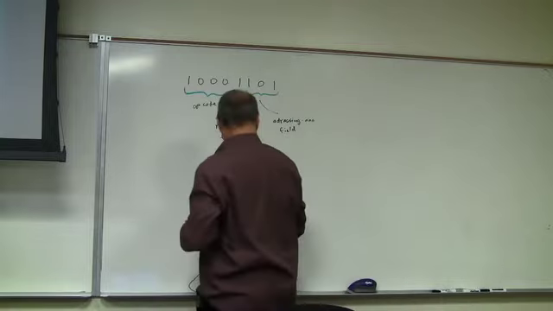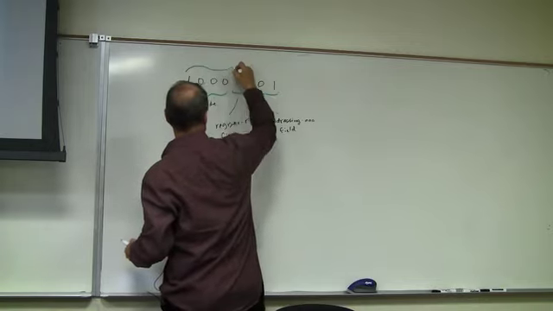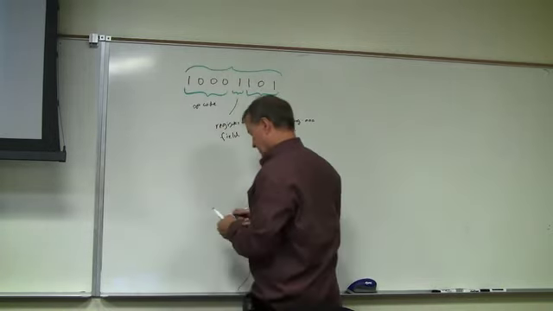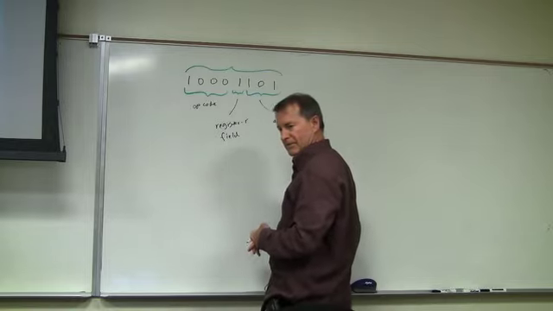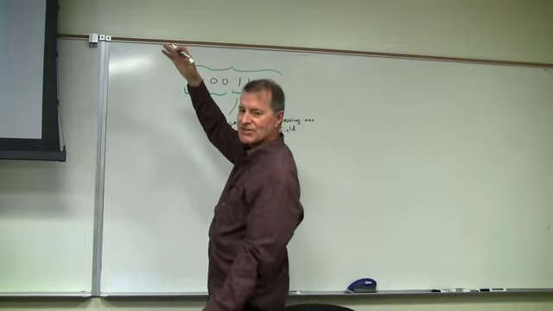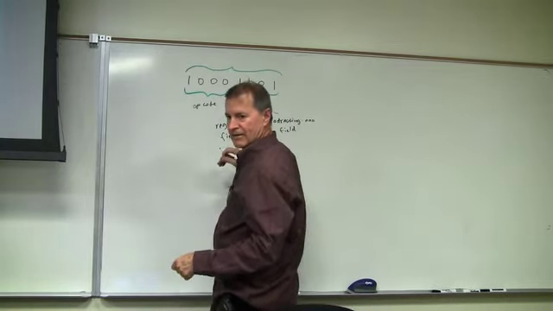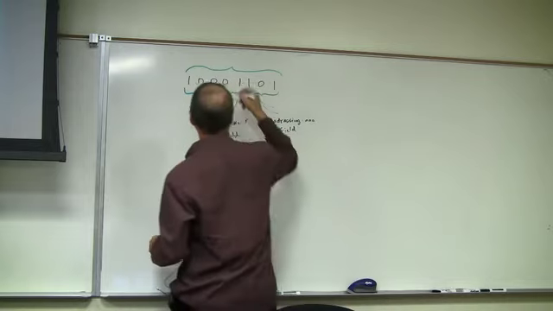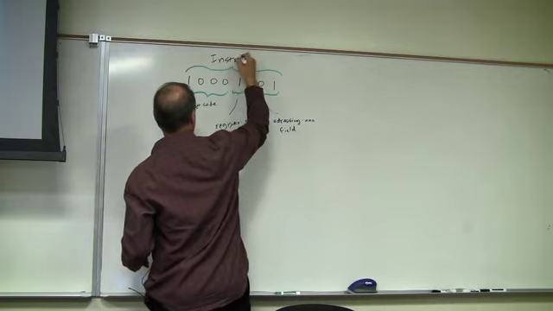And this whole thing, this whole 8 bits, is the what? The whole table is the instruction set, the set of all the instructions. This whole thing is the instruction specifier. Is everybody clear? This is all just vocab.